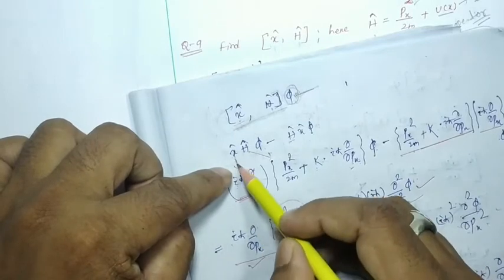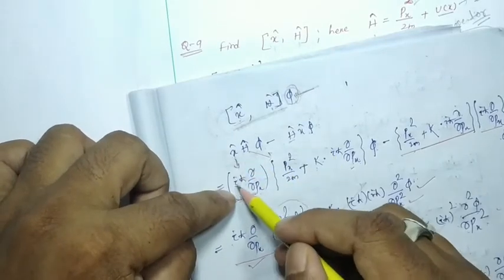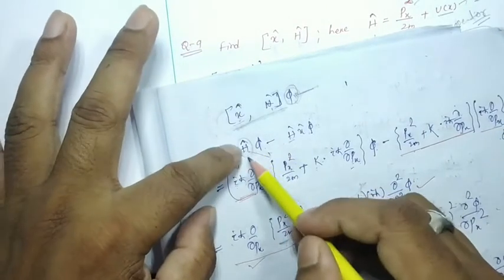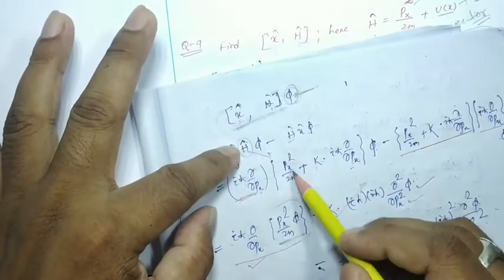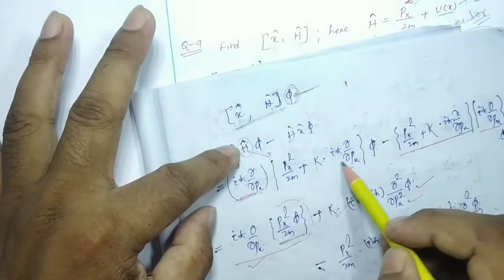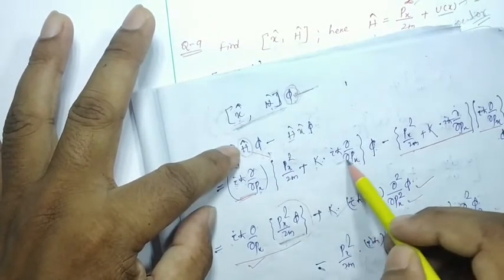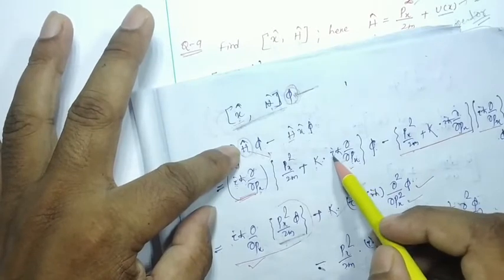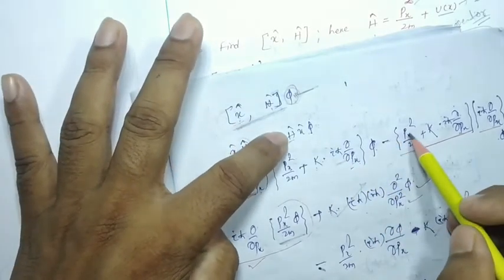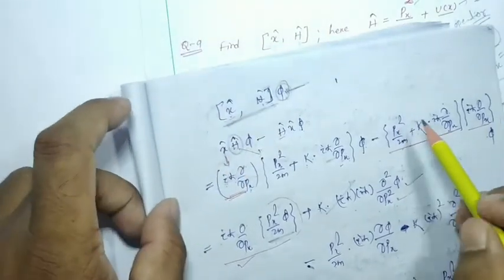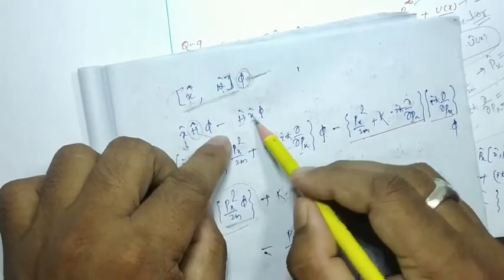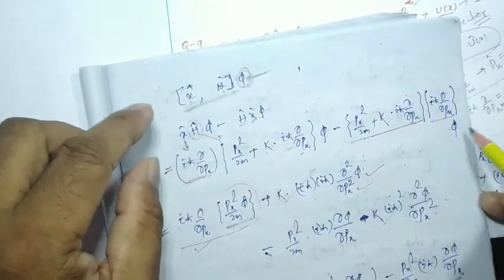The x cap value in the momentum space is nothing but iħ ∂/∂px. The h cap value is px square by 2m plus k into x. So x, the position operator in momentum space, is iħ ∂/∂px acting on phi, minus h cap, which is px square by 2m plus k times iħ ∂/∂px, and x cap is iħ ∂/∂px acting on phi.